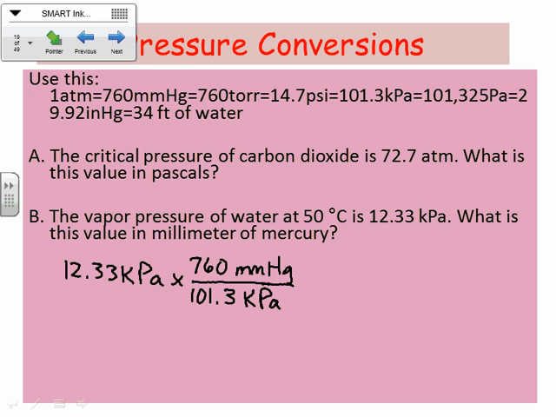I know that's a little weird. We're not used to that with our dimensional analysis, but you can save yourself a little time by doing it that way. Does everybody get that? That this is what your sheet is telling you, that 760 millimeters of mercury is equal to 101.3 kilopascals. All right? So on this one, when you type it in, you're going to do 12.33 times 760 divided by 101.3. And this gives us a little more reasonable number here: 92.